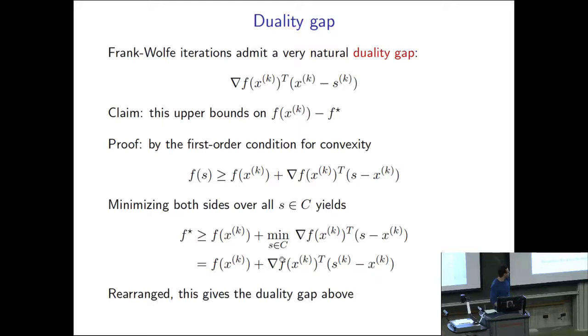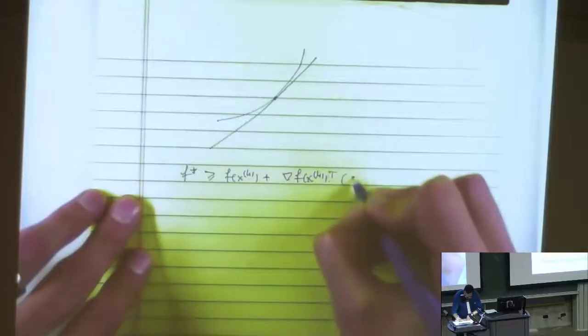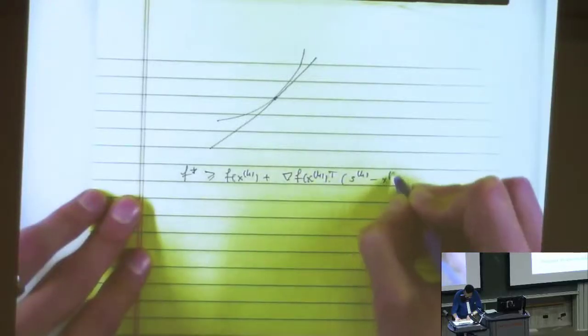Suppose I subtract f star from this side, and I move this term to the other side. This is what I have, f star bigger than or equal to f of xk plus gradient of f of xk transpose sk minus xk.